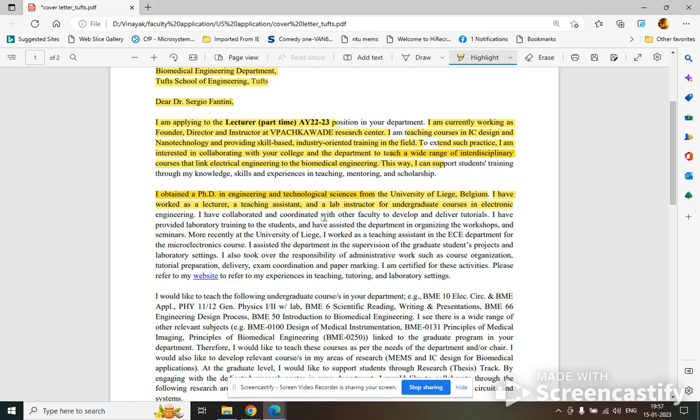courses in the department. Then I go on explaining further, telling them how I have collaborated to teach and deliver the courses or the tutorials, and how I help the department in the laboratory training of the students, how I help the department in arrangement of the workshop, and so on and so forth.